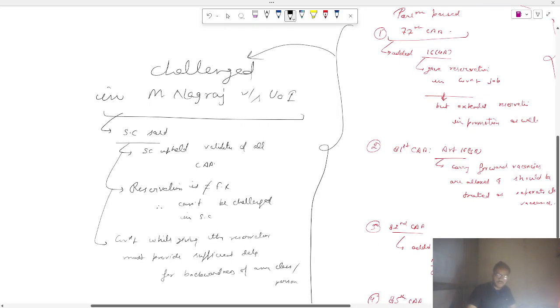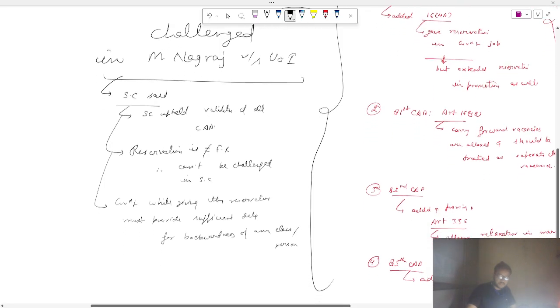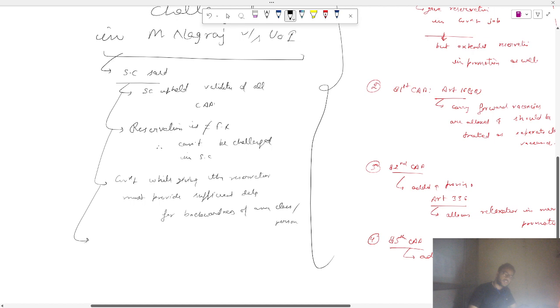And the Supreme Court also stated one more thing, that quantifiable data representing backwardness of that category must be provided.